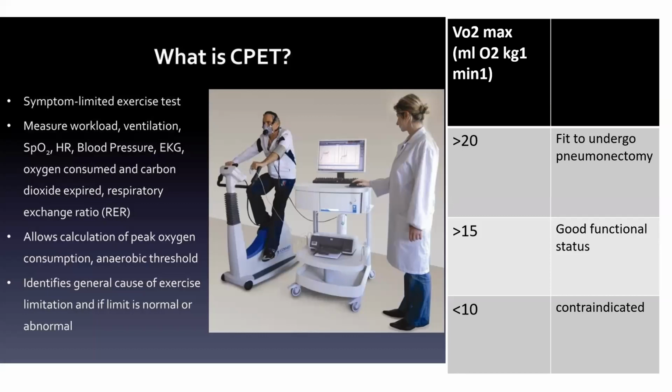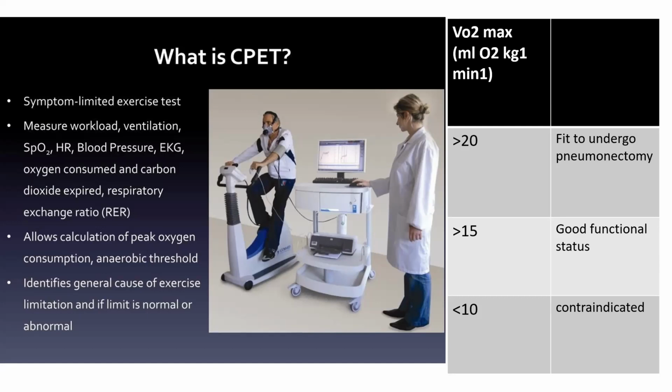VO2 max is the maximum oxygen consumption, which is measured in mL of oxygen per kg per minute. In a patient who is very fit, the value will be above 20. If the VO2 max is more than 15, that shows the patient has a good functional status and should be fit for the operation.